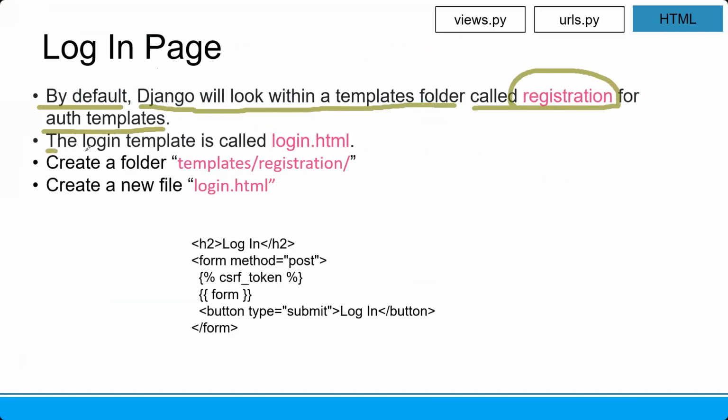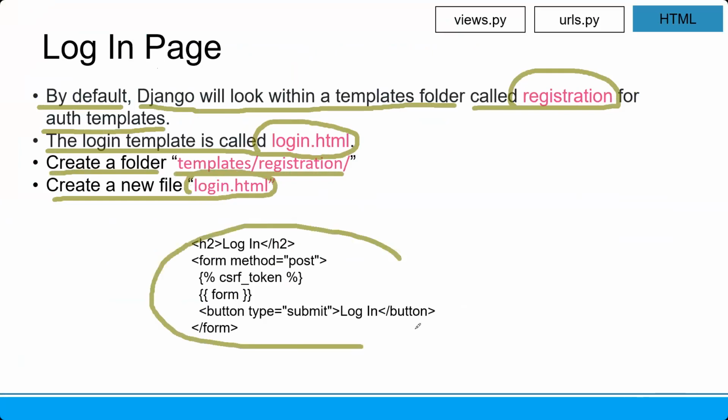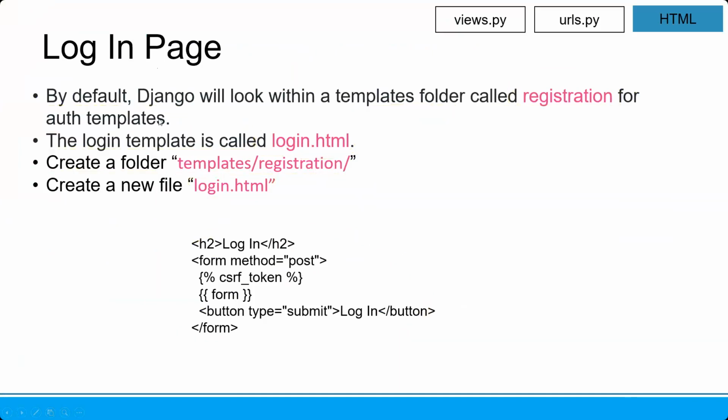So the login template is called login.html. So for this one, let's create a folder. The folder name is templates registration. And then let's create a new file, login.html. And let's just use this simple HTML code.